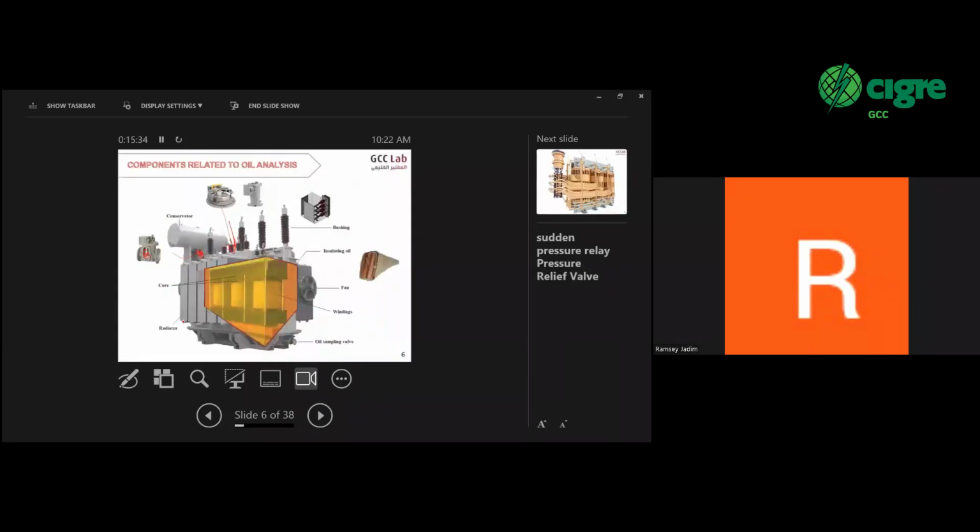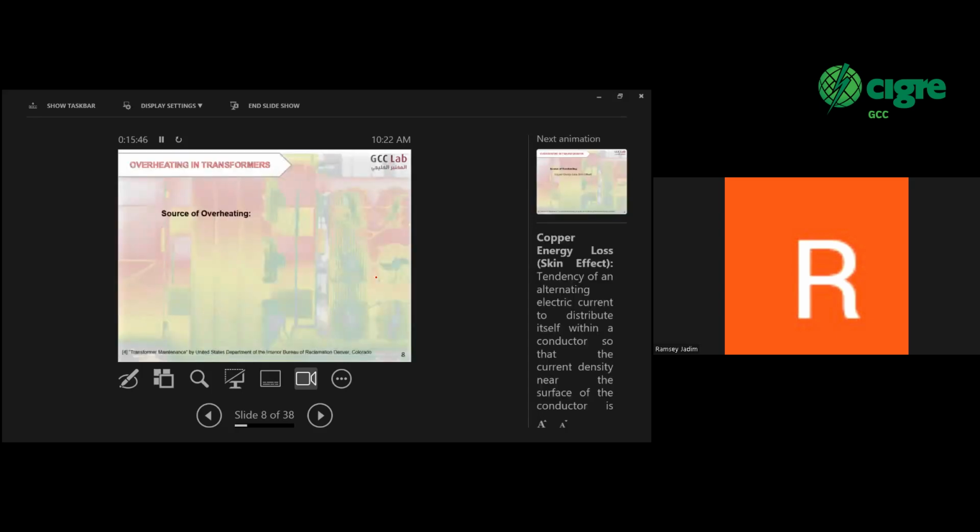If we go back to this one here, if it is diffused outside, it will affect the paper. That is very important. It will damage the paper. Core loss, eddy current.